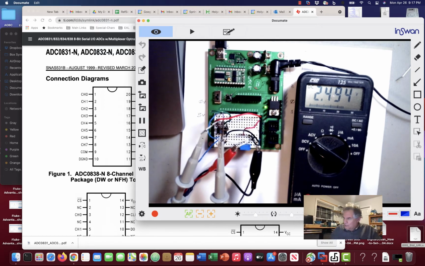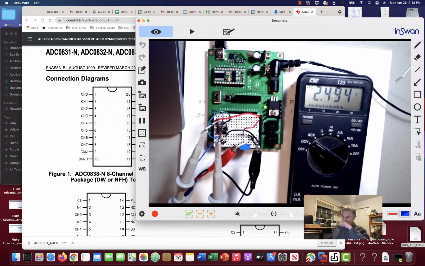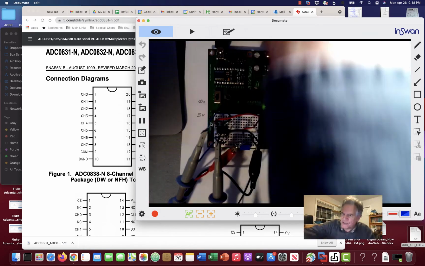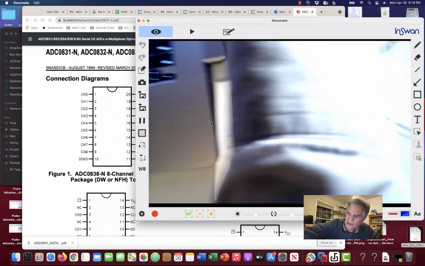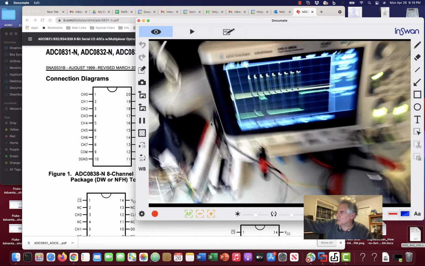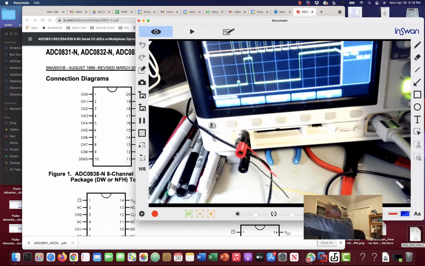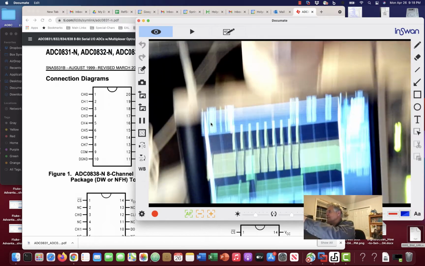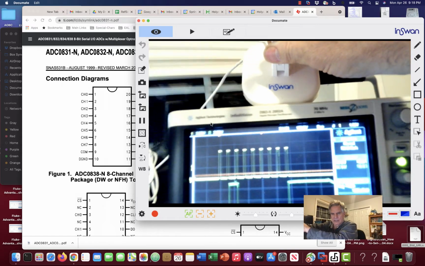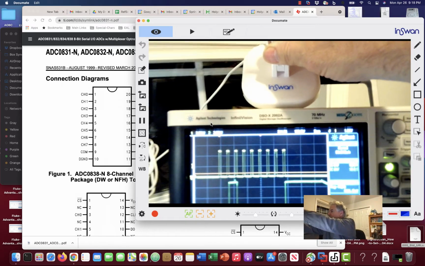Now what I'm going to do, I'm going to try my usual schlocky way of showing you the scope trace. The scope is on both the clock and the data, and I could show you the chip select, but all it is, it just goes low while we're looking at things. Now let's see what we've got here.